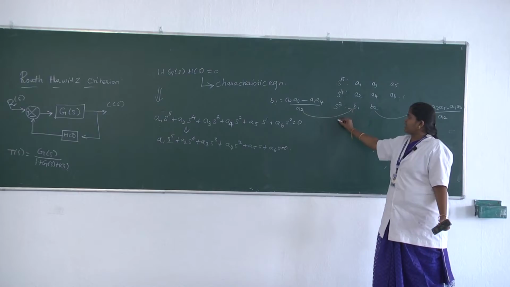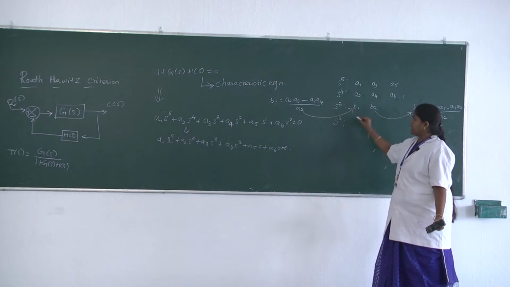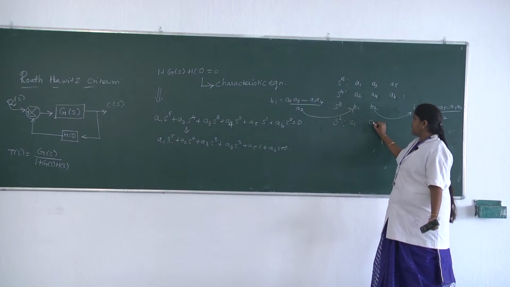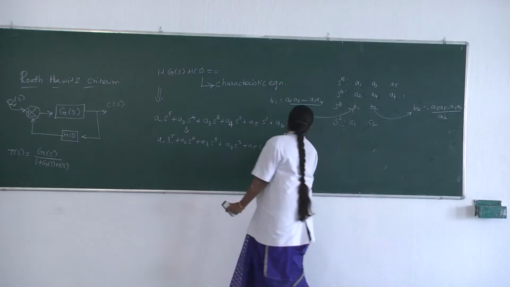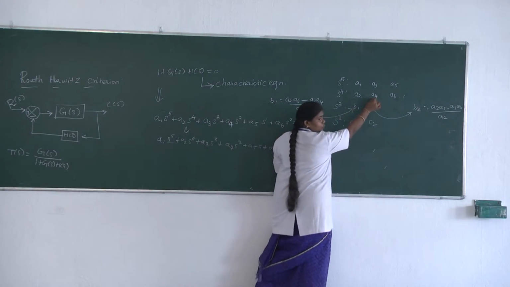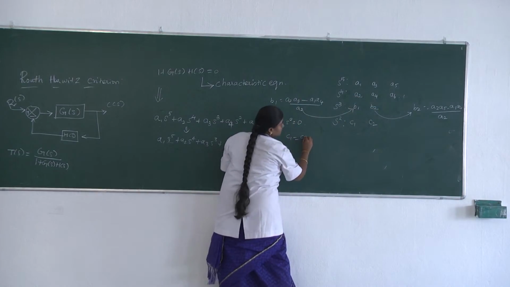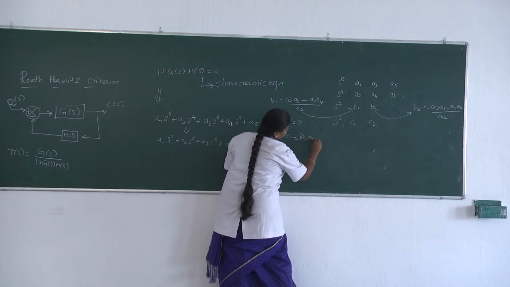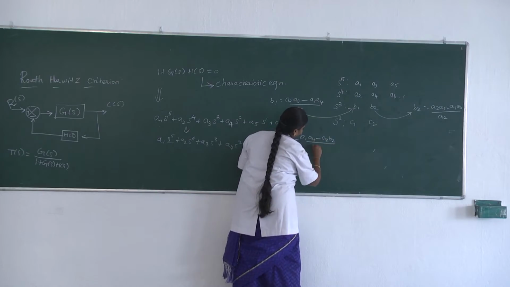Then again the next row is being formed for s power 2. Let me consider the elements as c1 and c2, and the elements are given as c1 is equal to b1 into a4 minus a2 into b2, divided by b1.